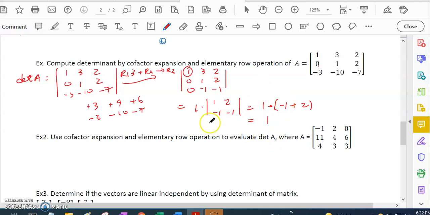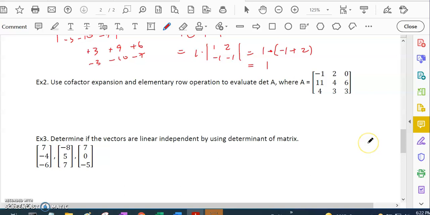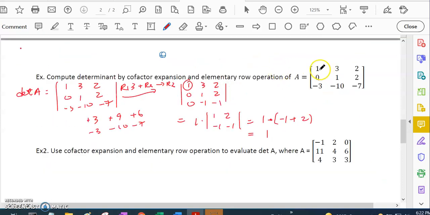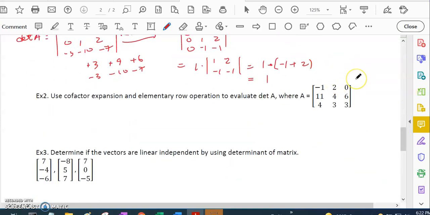You can combine them together because for cofactor expansion, if you are going into a 2 by 2, it's very fast. So earlier I have a column 1, right? Expand above column 1. I can actually expand anything. I can expand column 3. So I have a 0 here.